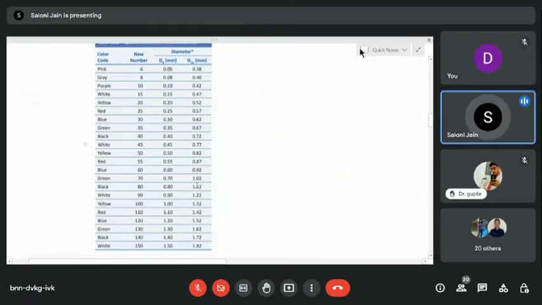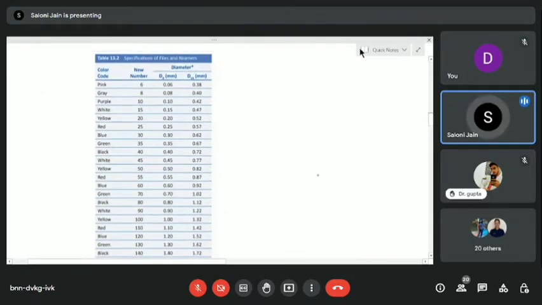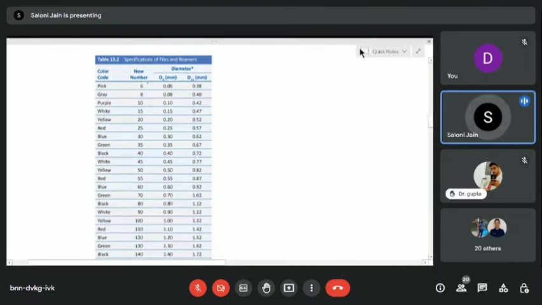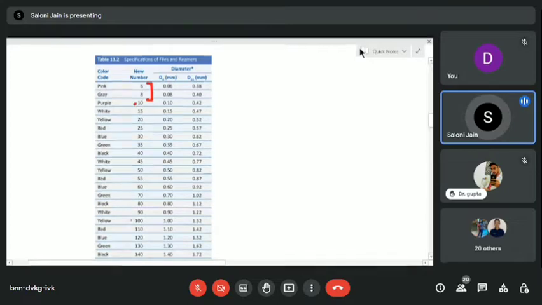So the thing which they said, that we'll add color coding. So this is a table which is there in Grossman as well, a beautiful table showing the color coding and the numbers. They added these two, 6 and 8, and they said that 10 to 100 we'll have.